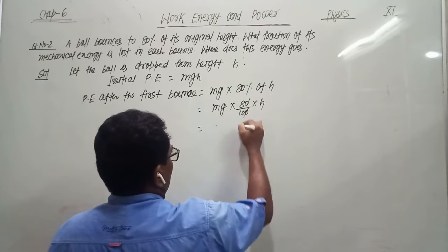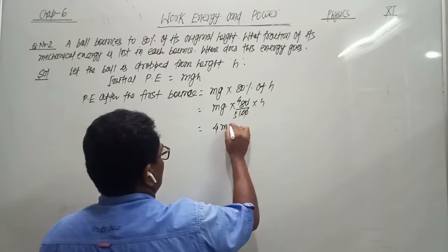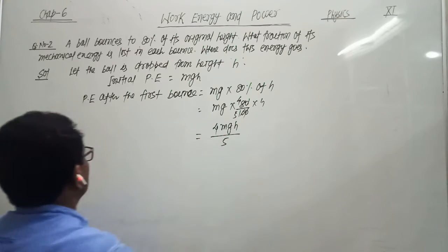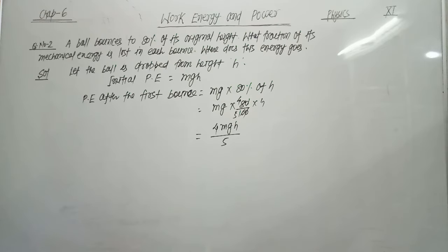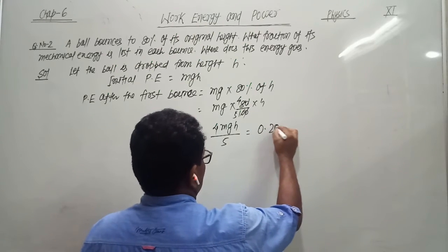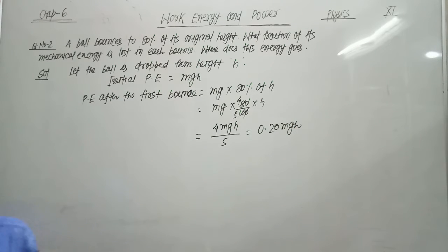It means the zeros cancel, 4 and 5, so 4mgh upon 5. So potential energy after the first bounce is 4 by 5 mgh, which is equal to 0.80 mgh.